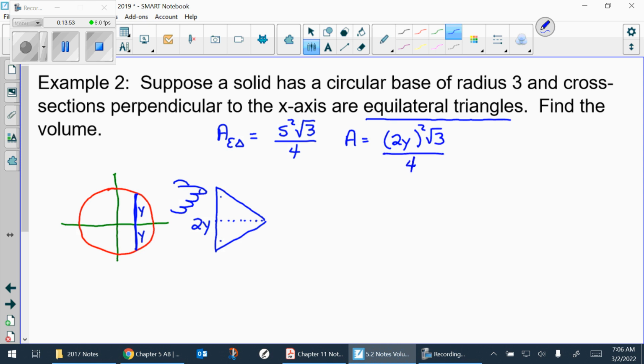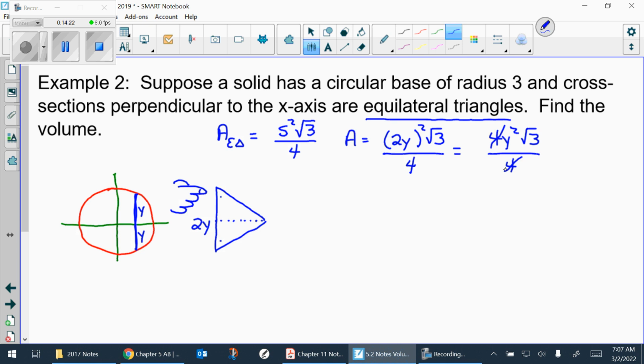And if you're wondering, hey, is this formula for an equilateral triangle something I need to memorize? Yeah, it kind of is. If I multiply this out, I've got 4y squared, square root of 3, divided by 4. And so the area of this triangle is y squared times the square root of 3.